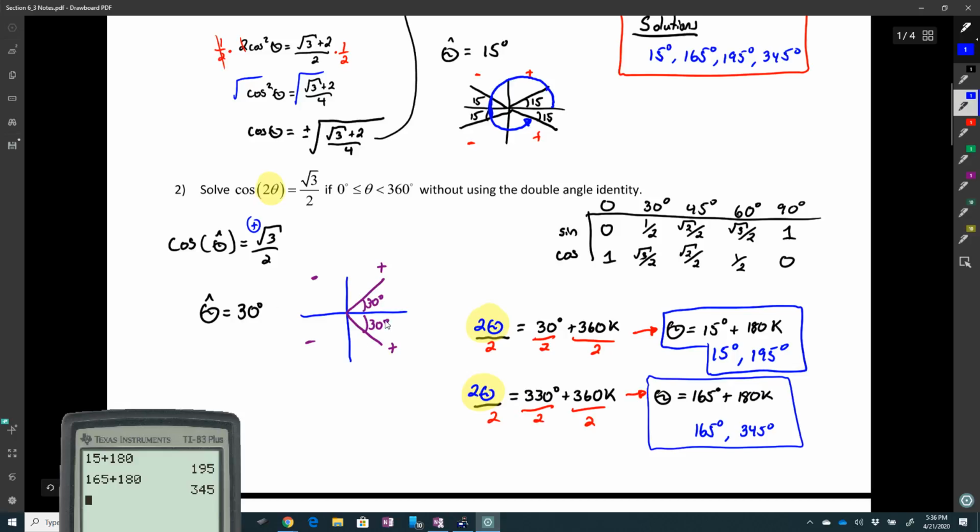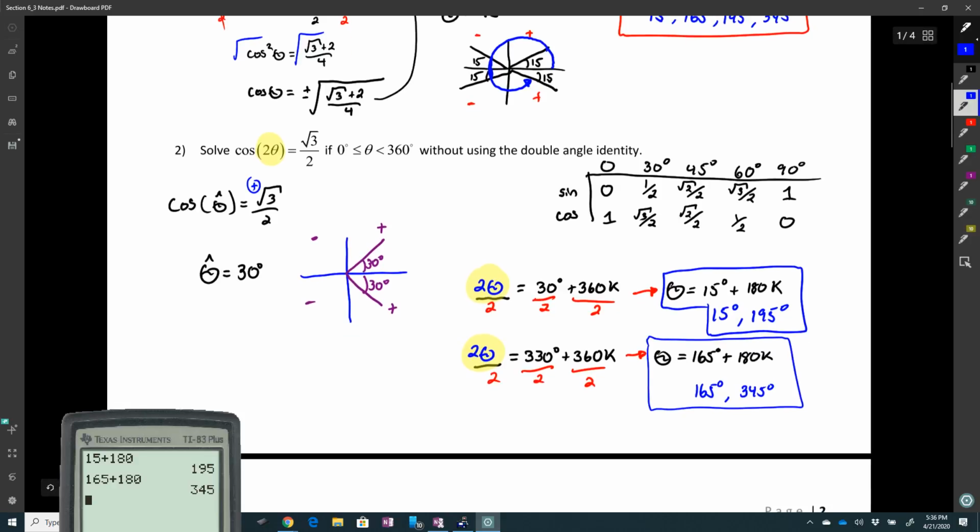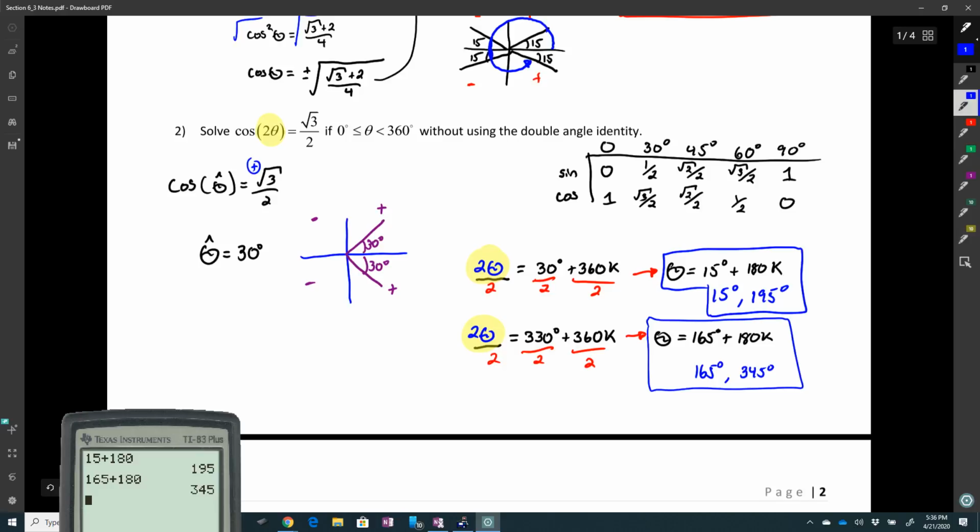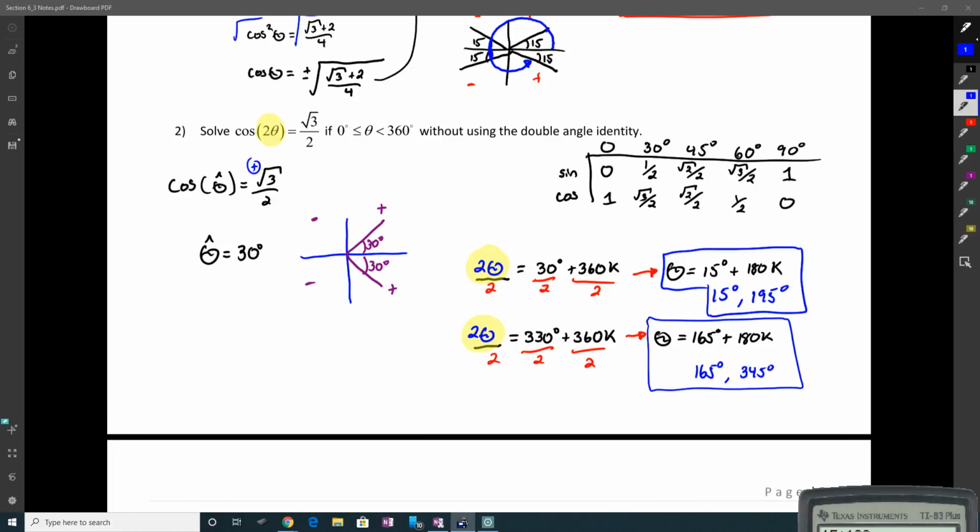So I have 30 plus 360, 330 plus 360, but the angle in question wasn't theta, it was 2 theta. So instead of saying theta equals, we said 2 theta equals, and we divide everything by 2 to get our answers. So that's what this section is all about. It's solving it this way. So let's do a little bit more examples. And yeah, it's actually not too bad of a section.